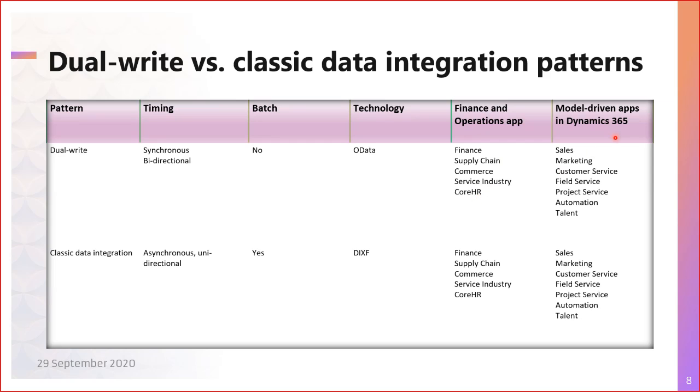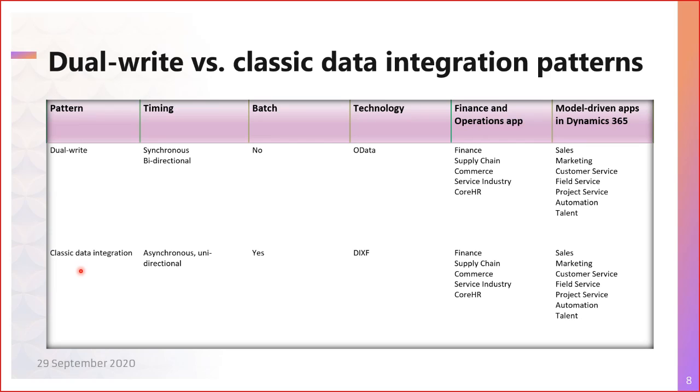And if we talk about model-driven apps in Dynamics 365, we have this list of apps available which we integrate between finance and operations and Dynamics 365 model-driven apps. So you can integrate this list all together using the Dual-write. And it will always be synchronous.